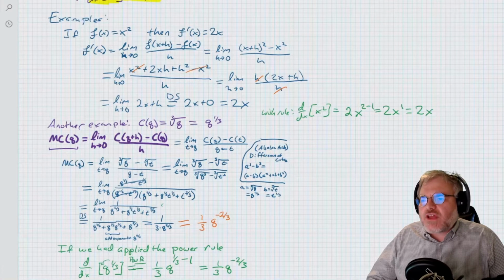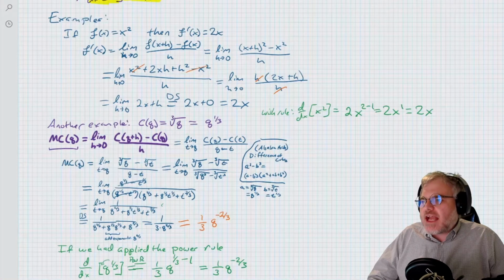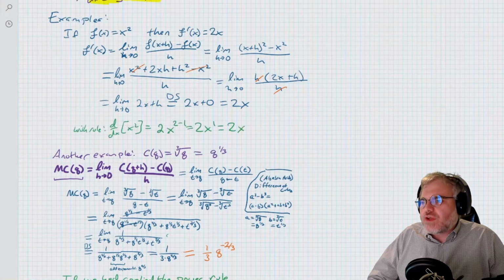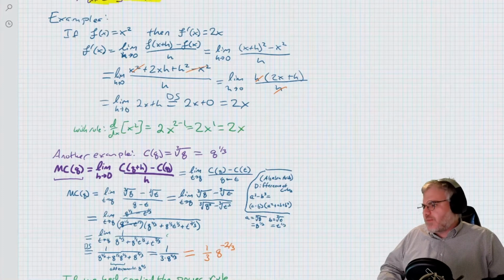There's an exercise in your book. Once you have the power rule for positive integers, and you have the derivative of 1 over x at your disposal, you can actually prove the power rule for negative integers.